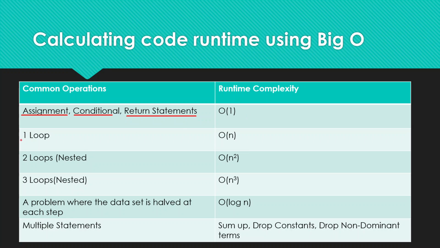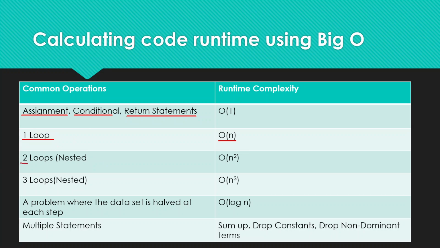Now, if you have one loop that has not been nested, of course, the loop will run until the condition is met. So it will run n number of times. So that one normally gives us an O of n time complexity if you meet a loop.